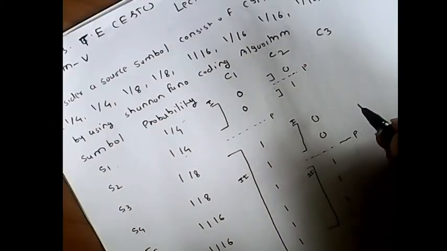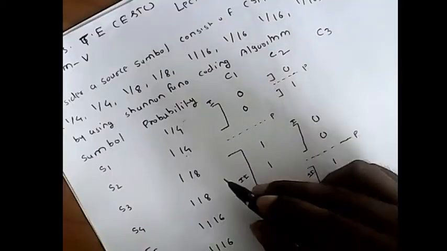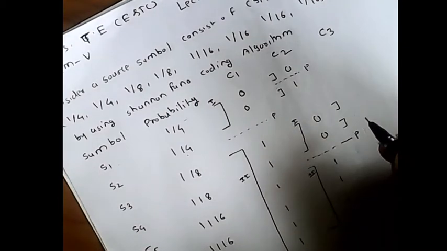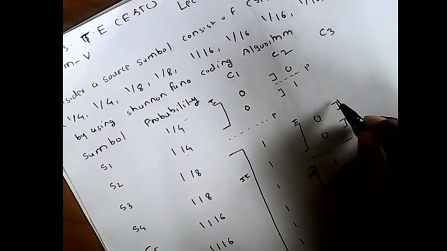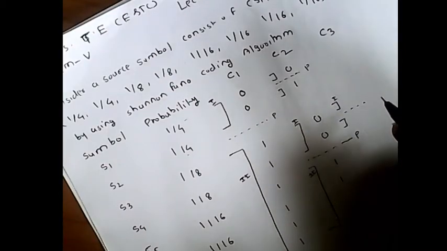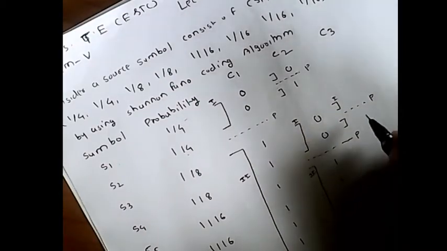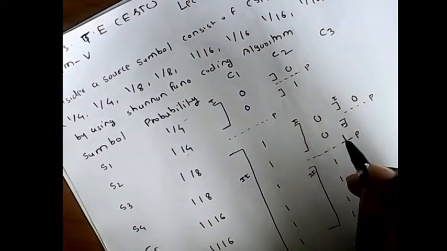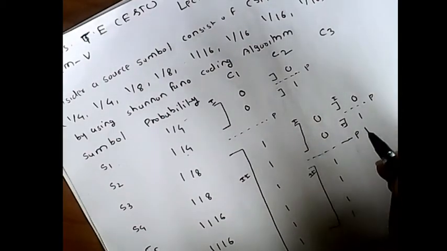Similarly, we take column 3. If you observe, S3 and S4 are again equiprobable, so we divide them into two sets. S3 is the upper set, the first group, and we take a partition, and S4 is the second set, the lower set, so we assign 0 here and 1 here.